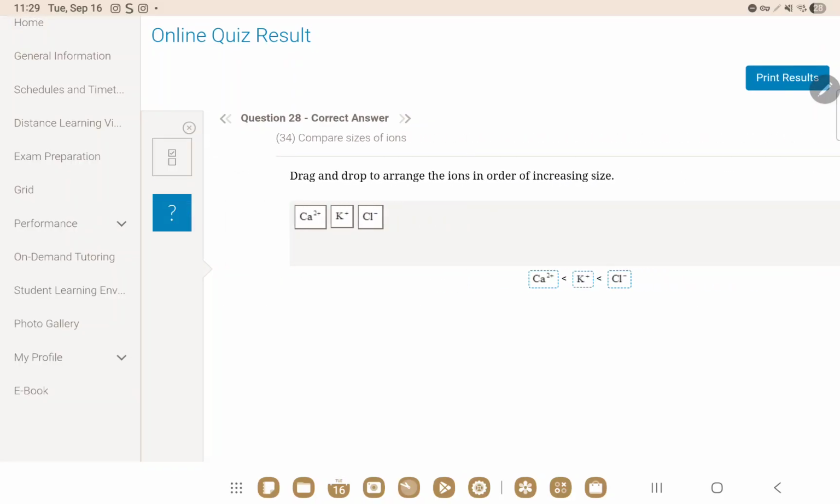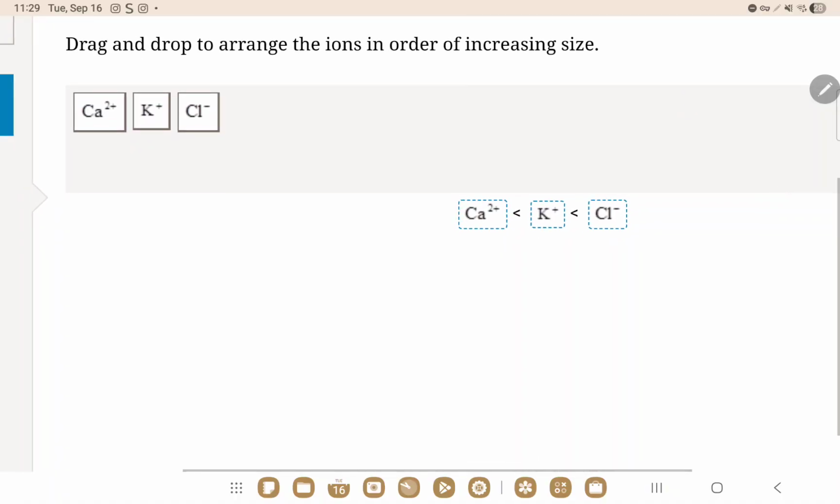Okay, so in this question, it's really easy. Whenever you're given these, first of all, let us write how many protons and how many electrons each has. So Ca2 plus has 20 protons and 18 electrons.